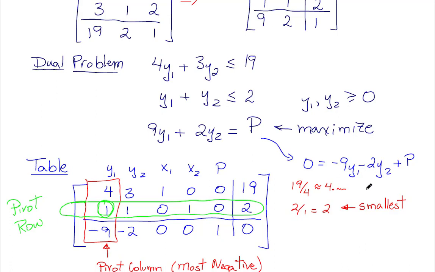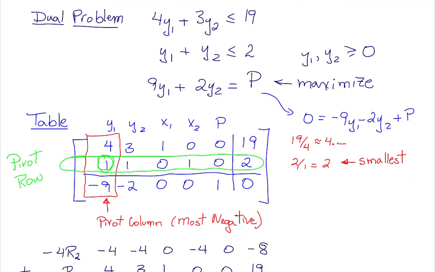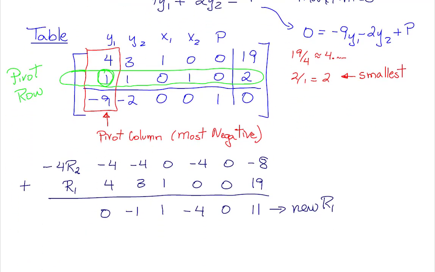Alright, so now we're to the process like we did in section 6.2. So the first thing I do is I look for the pivot column. How did we do that again? The pivot column came from looking at the most negative in the bottom row.